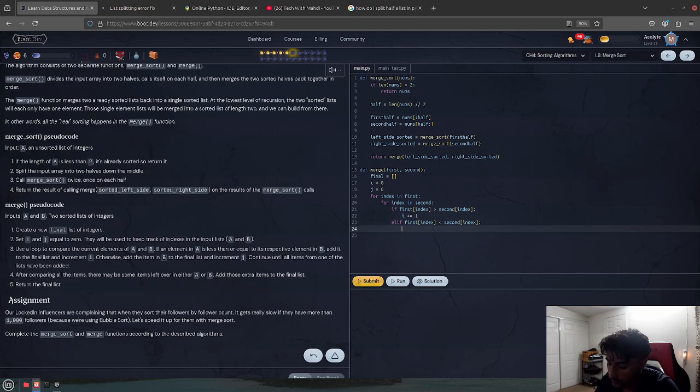We want to do j plus equals 1, else append leftover to final.